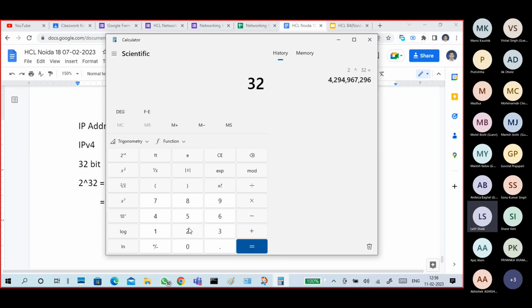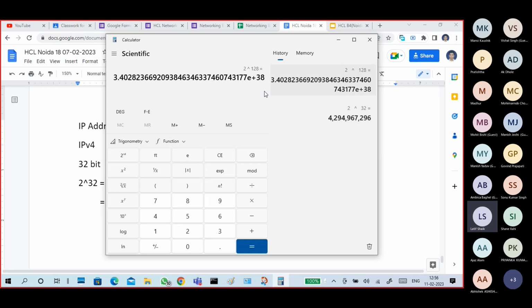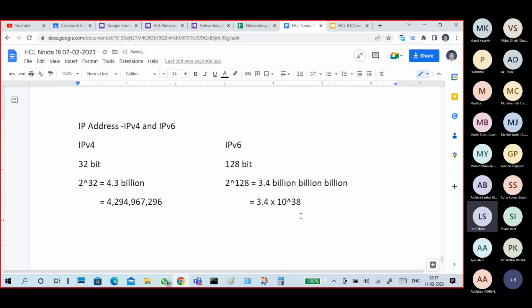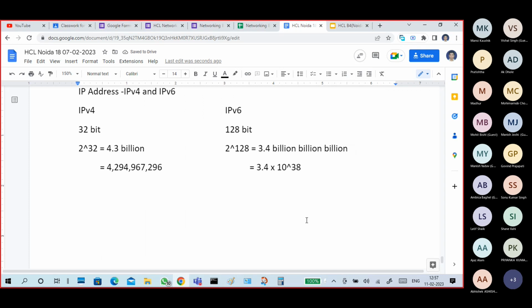So what I said is 2 to the power of 128, you can see 3.4 into 10 to the power of 38. That is IPv4 and IPv6.